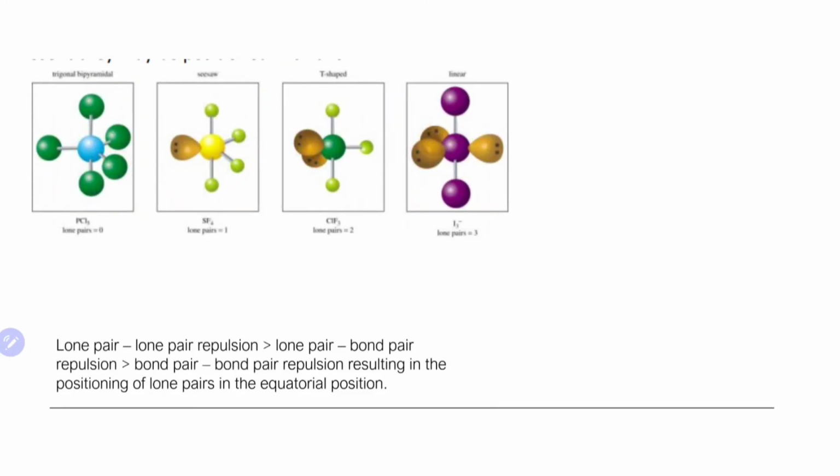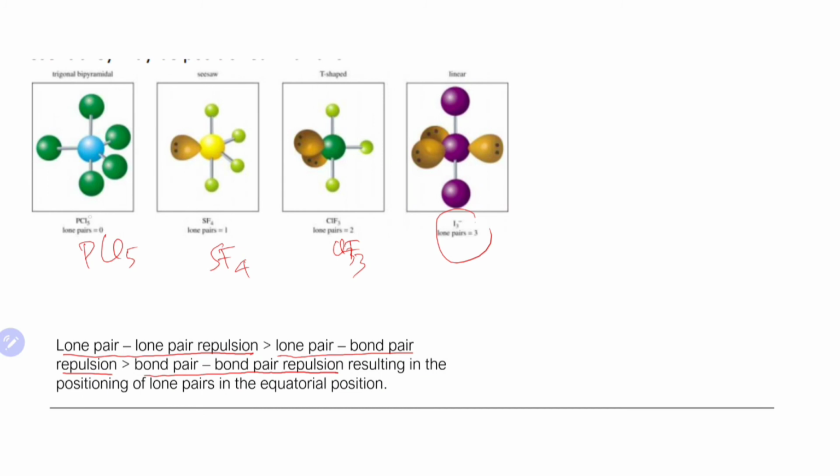Still you have here some other examples. PCl5, you can draw the dot cross by yourself. SF4, ClF3, and I3 minus. Here, the lone pair repulsion is bigger than the lone pair bond pair repulsion, bigger than bond pair repulsion.